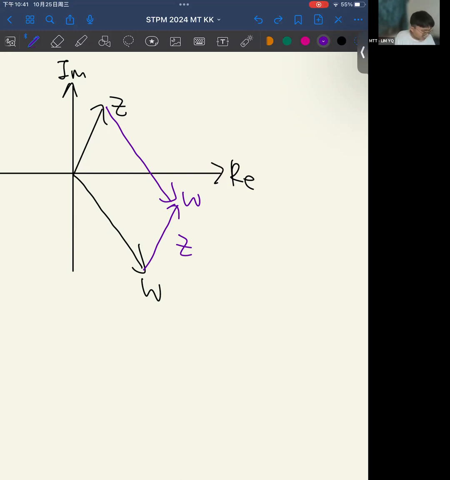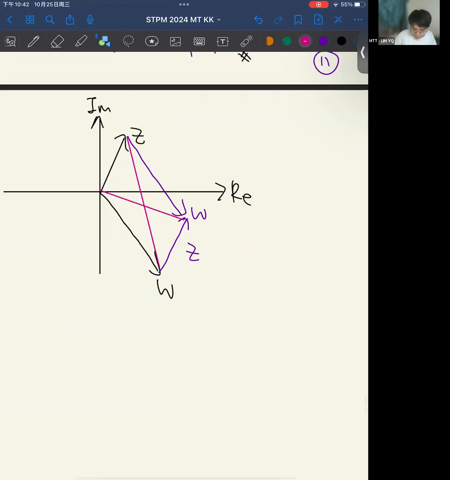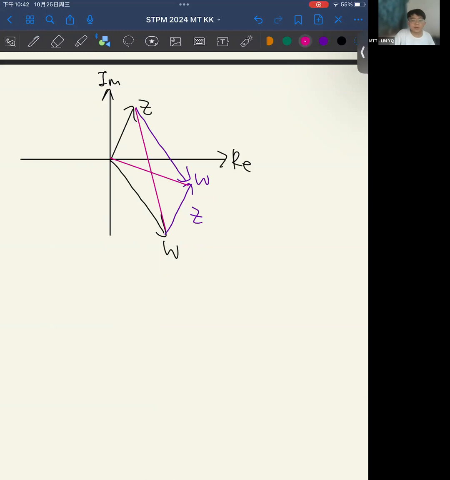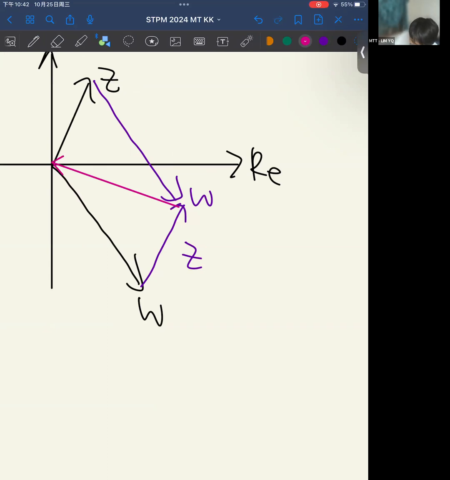What is the length of the diagonal in terms of Z and W? You have two diagonals. We take any one of it, let's say we see this one first. This is the length of the diagonal, correct?